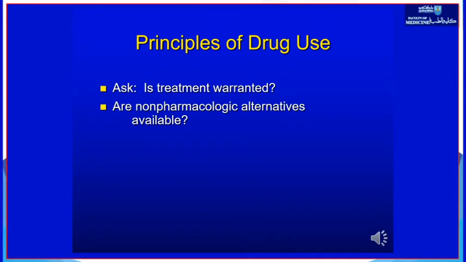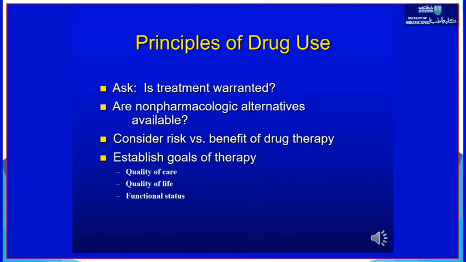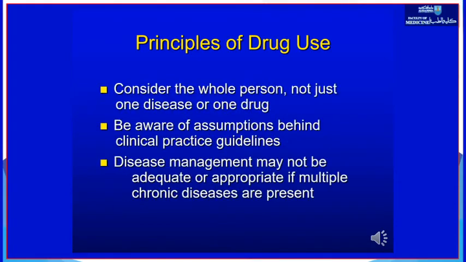In other words, we always ask ourselves, are non-pharmacological alternatives available? Because remember, we want to use the least number of drugs, and we would be very happy if we didn't have to use drugs in the first place. Always consider risk versus benefit of drug therapy and establish goals of therapy. Consider the whole person, not just one disease or one drug.